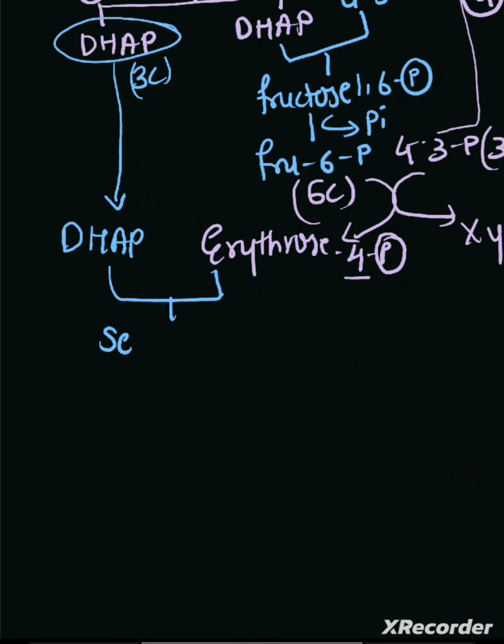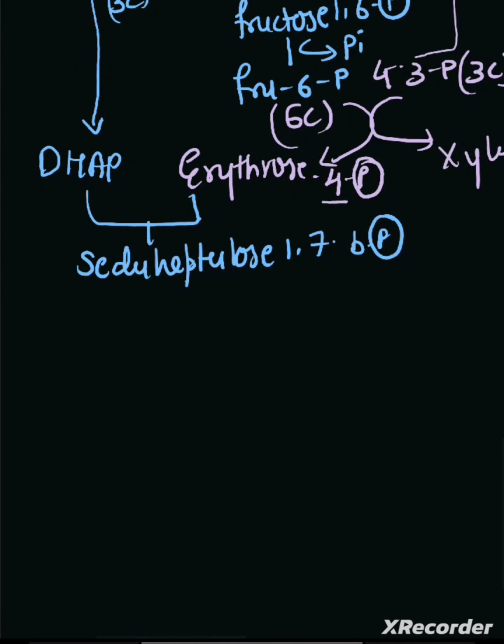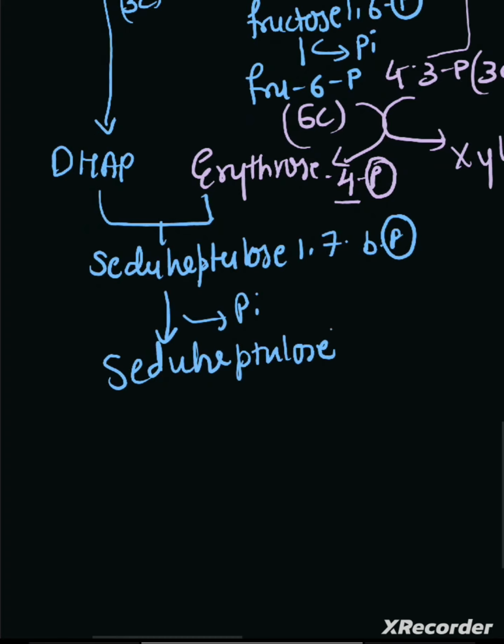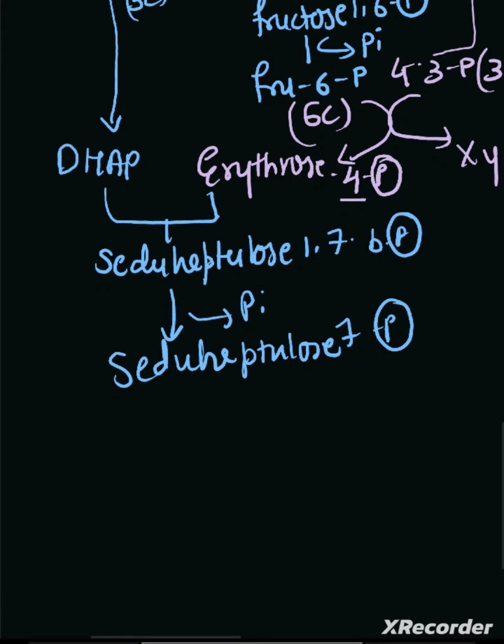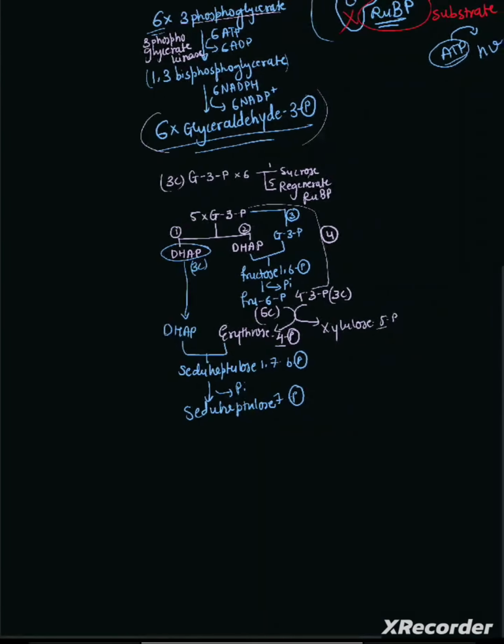That is pseudoheptulose 1,7 bisphosphate. From here, I'll remove one phosphate group. I'll get something called pseudoheptulose 7-phosphate.